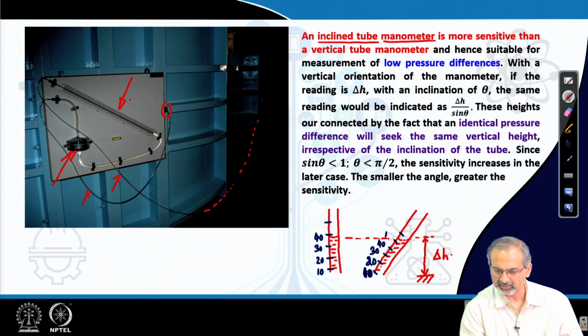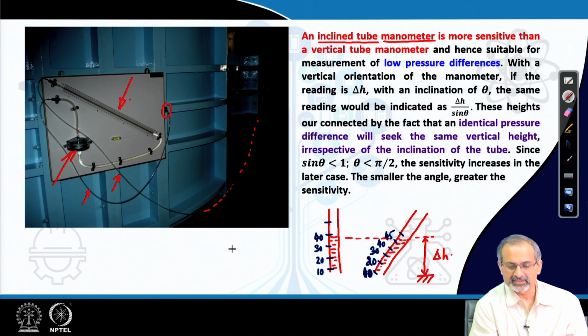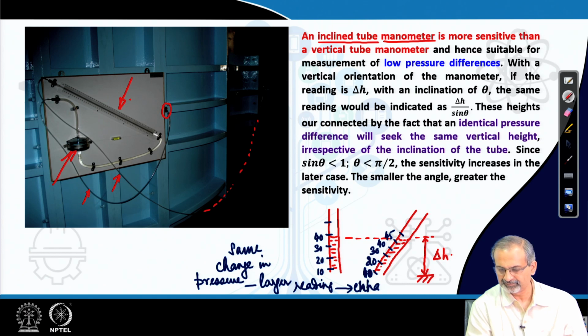That means you are talking about the same pressure, but you are actually getting a larger reading or a larger change on your scale. That means, for the same change in pressure, you have a larger reading. This is essentially the issue of enhanced sensitivity.